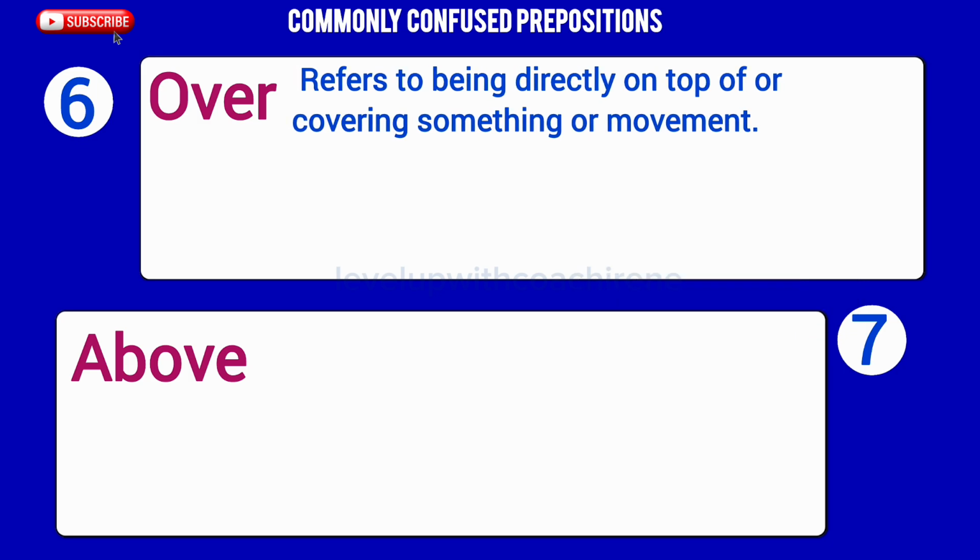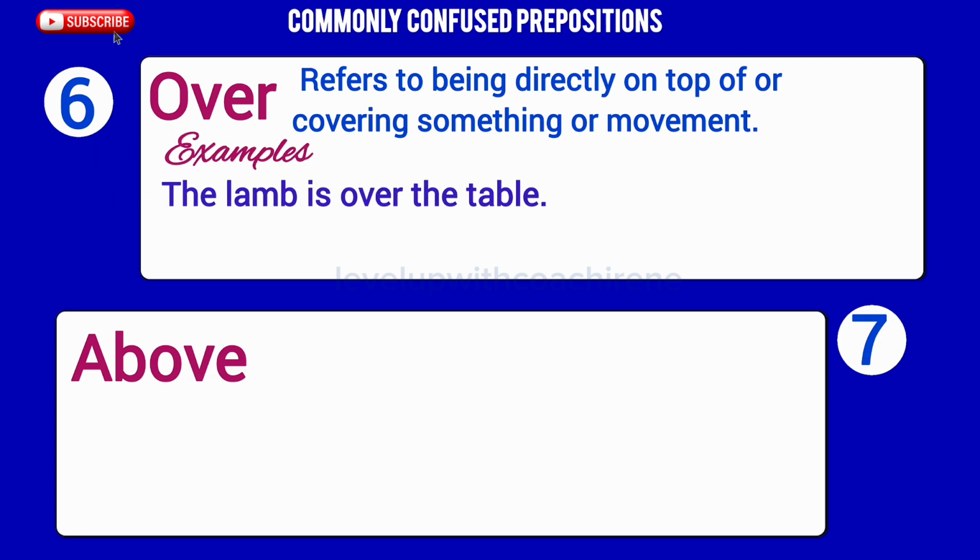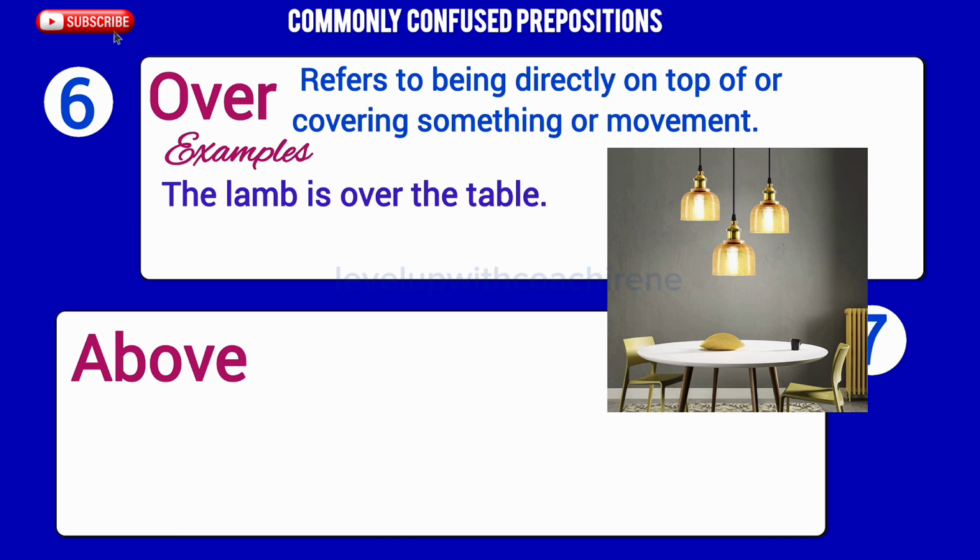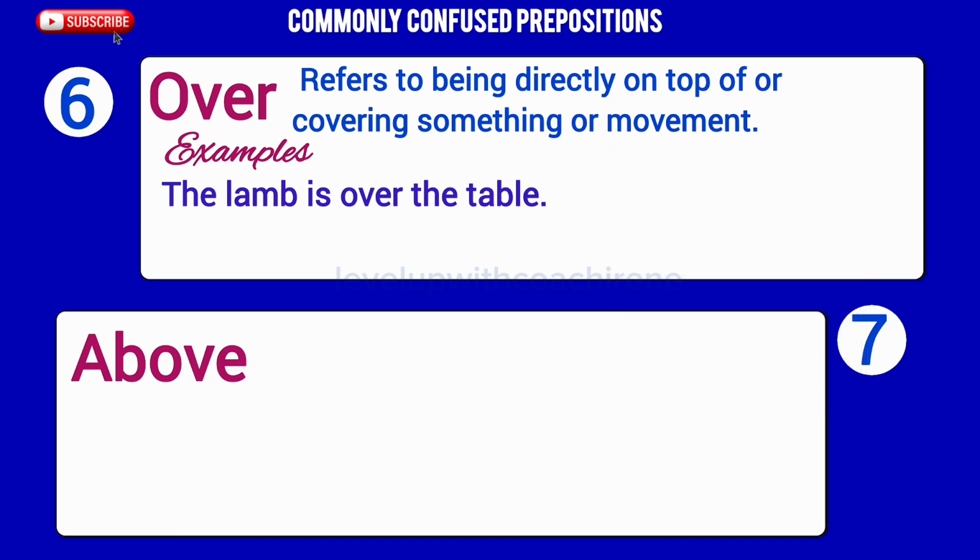It can be used in both physical and non-physical contexts. Example, the lamp is over the table. This means that the lamp is directly above the table, possibly covering it with light.